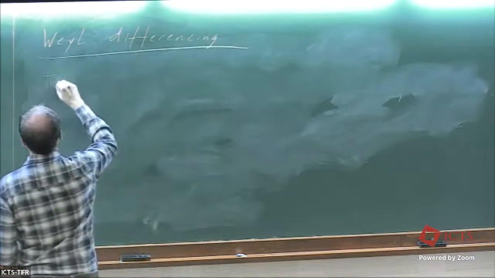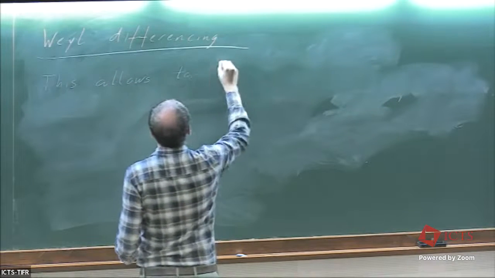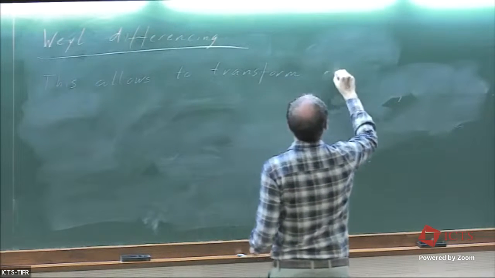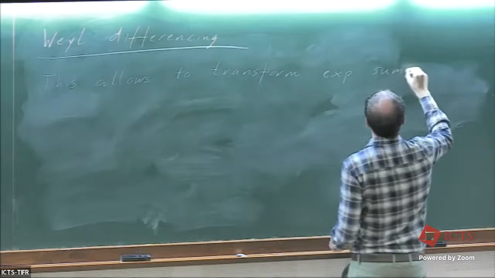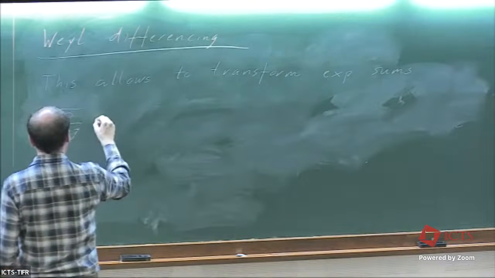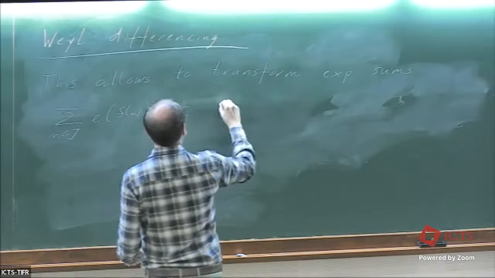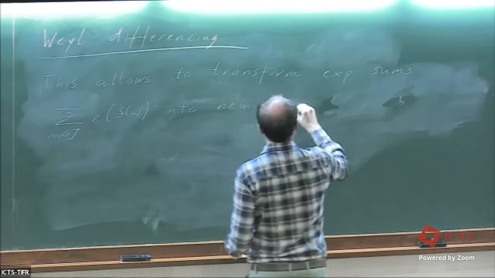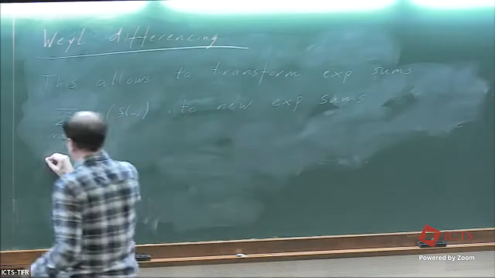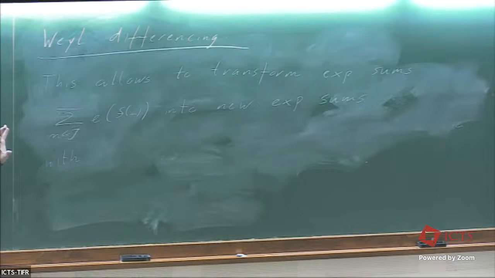This allows us to transform exponential sums of the form sum of e of f of n into new exponential sums with an amplitude function whose derivatives are of smaller size than that of f of n.